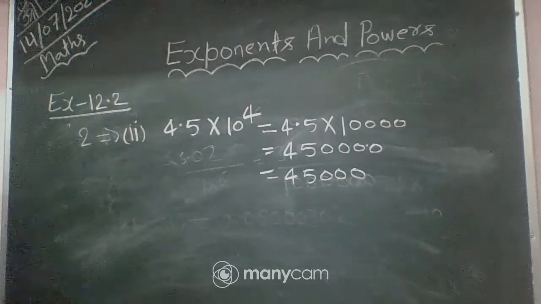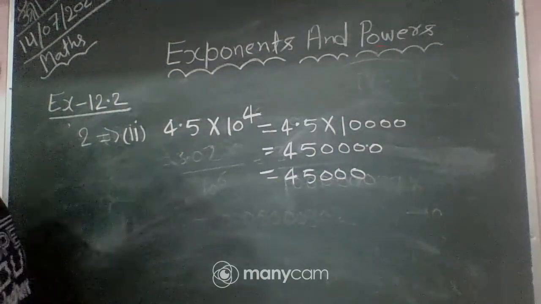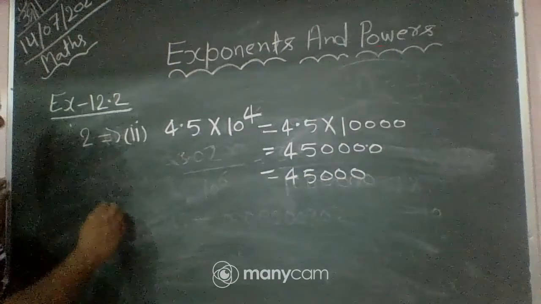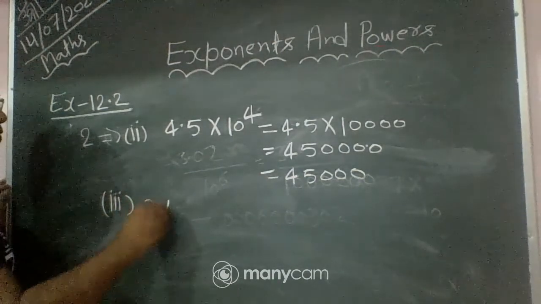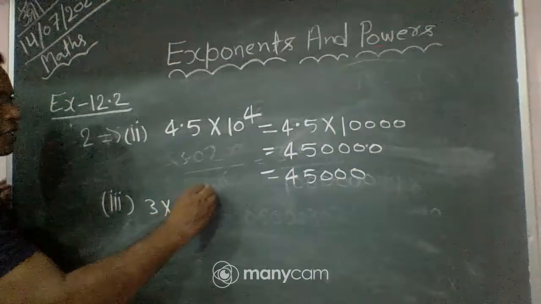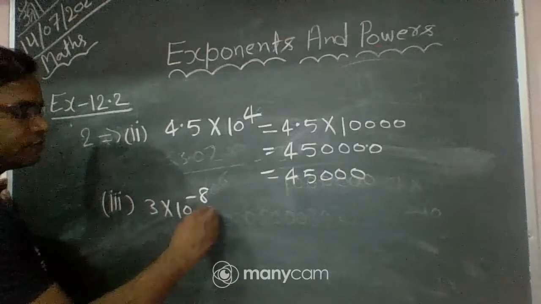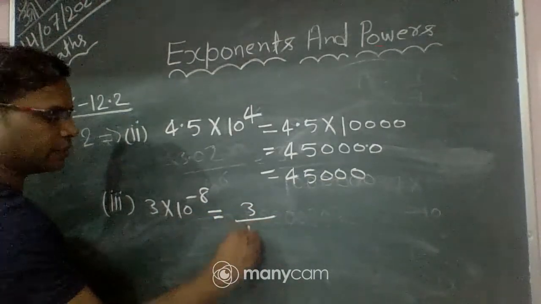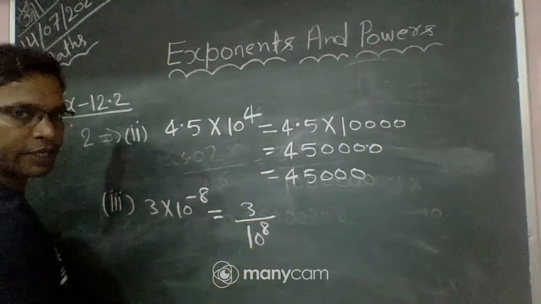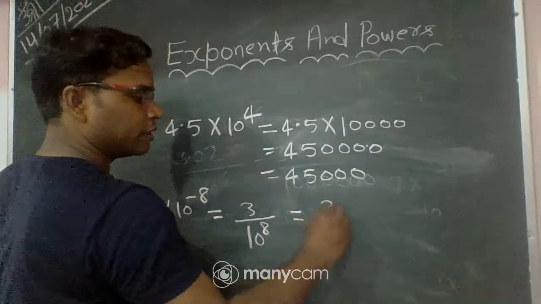Now, third part of this question is 3 into 10 power minus 8. This is the third part of question number 2. So you can write it as 3 by 10 power 8.